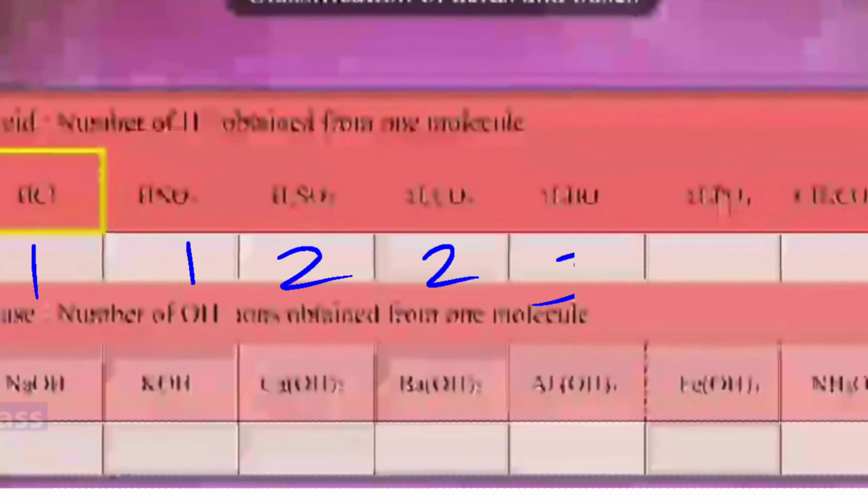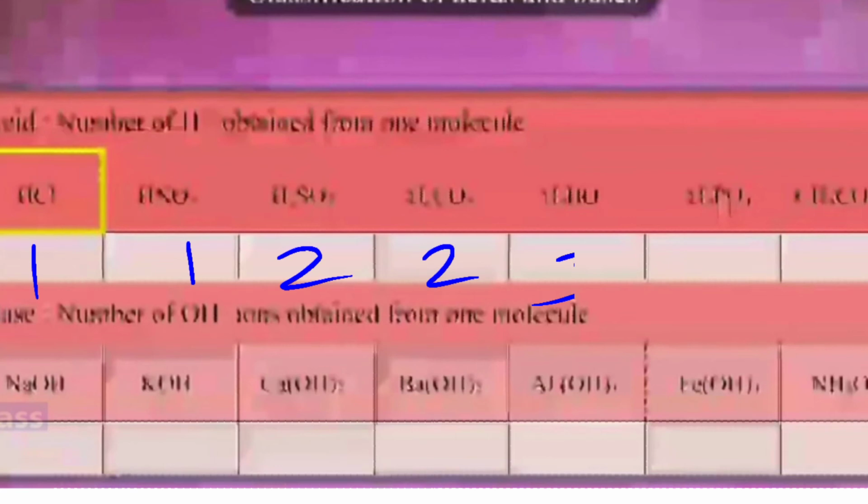Now coming to the number of OH ions in the base. For example, NaOH has only 1, KOH has 1, Ca(OH)2 has 2, Ba(OH)2 has 2, Al(OH)3 has 3, Fe(OH)3 has 3, NH4OH has 1.